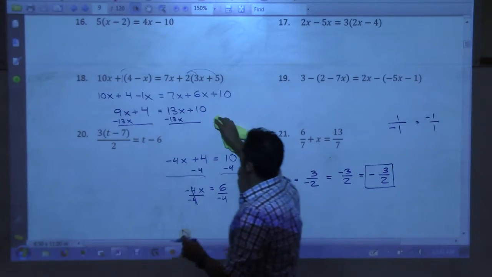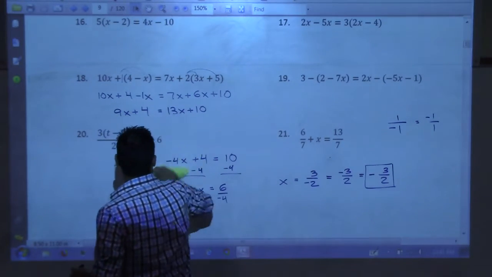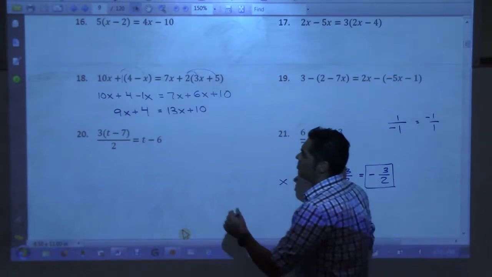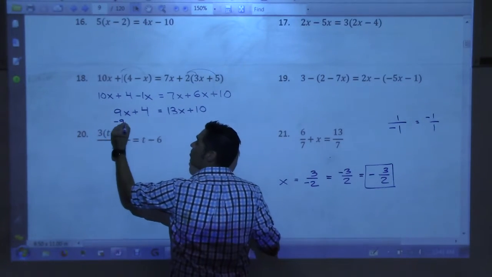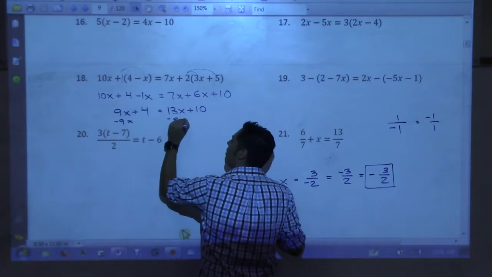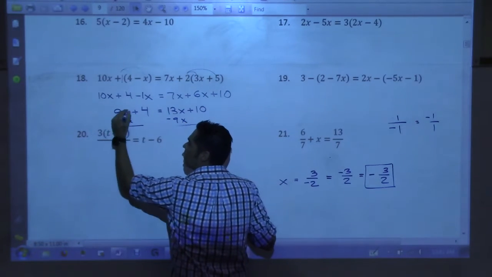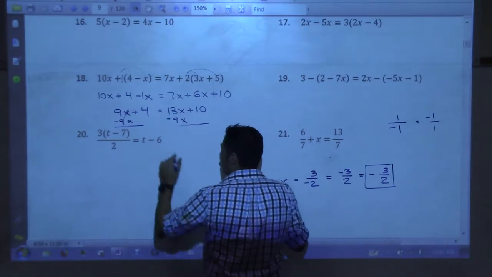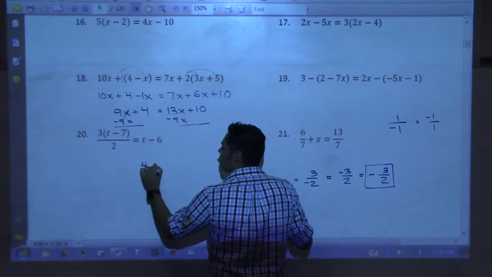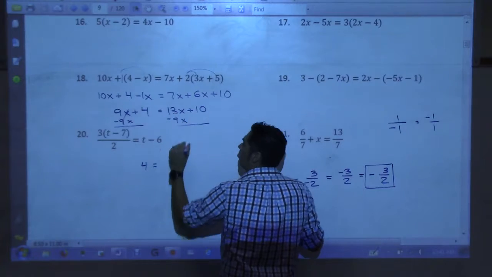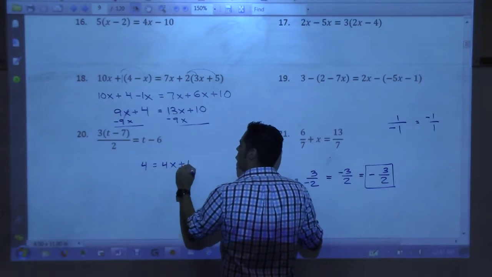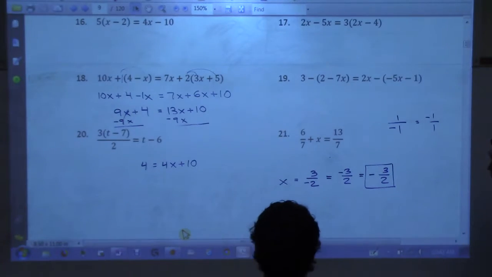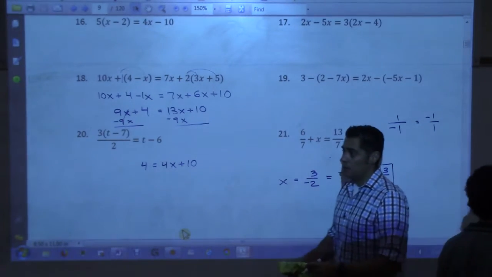So at this point right here, remember our answer is negative 3/2, right? So how do you decide to subtract the 9x? That's what you're referring to, right? And you'd maybe want to do that because that stays positive, right? So what does the left side become? Equals 4x plus 10. Okay, now you have to get the x by itself, right?